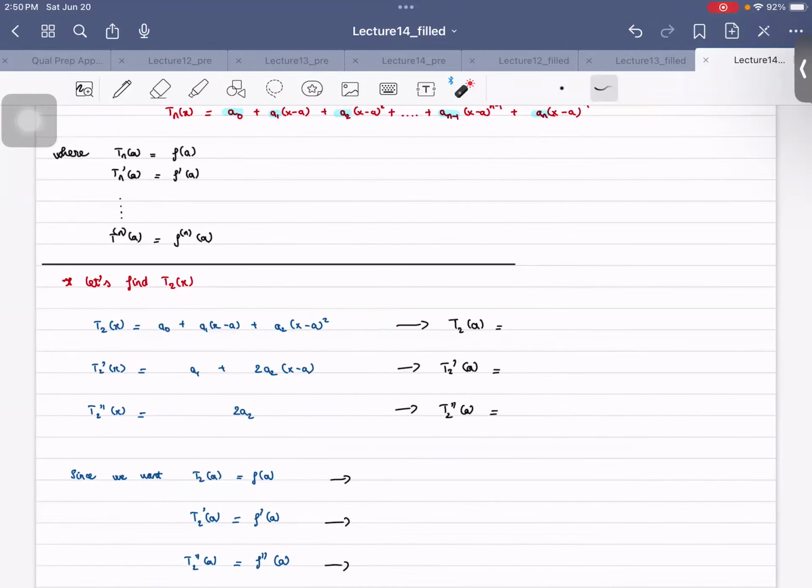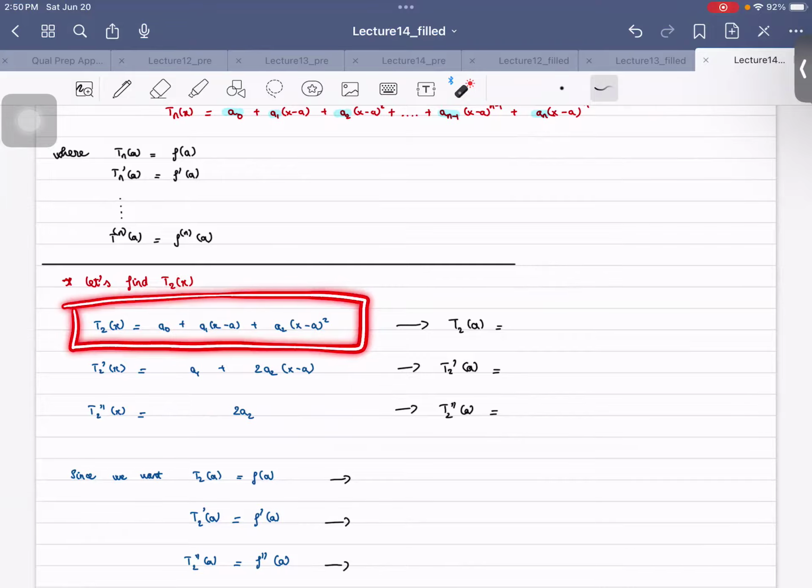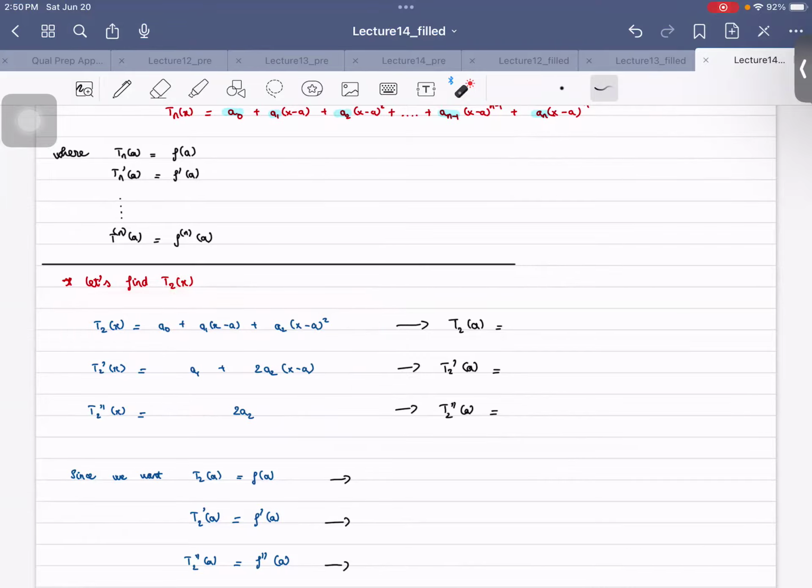So let's say I want to write down T2 of x. That means my approximation will be a polynomial of degree 2. So I will have a0, I will have a1 times x minus a, I will have a2 times x minus a to the power of 2, and that's it, because I just want to use the degree 2 polynomial.